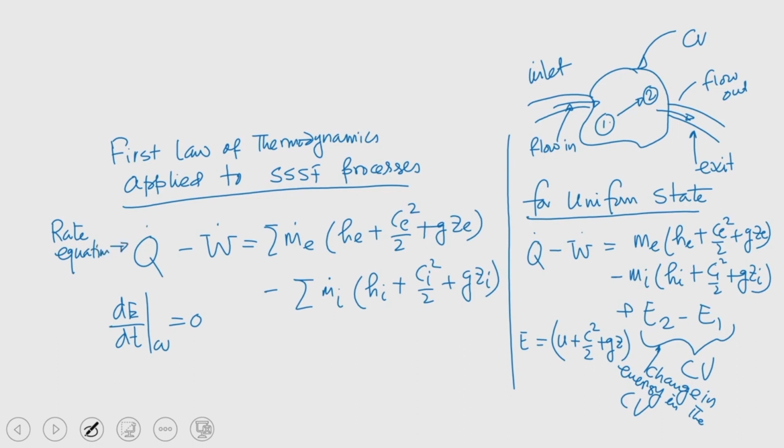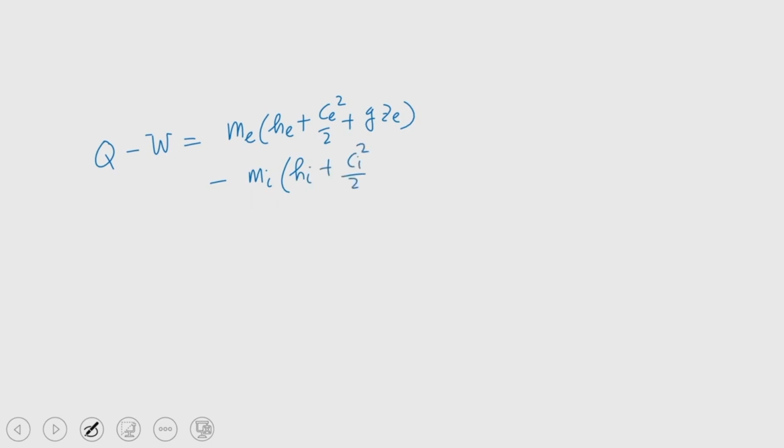If we integrate this equation over time, then we will be getting Q minus W equal to m_e (h_e plus C_e squared by 2 plus g z_e) minus m_i (h_i plus C_i squared by 2 plus g z_i).